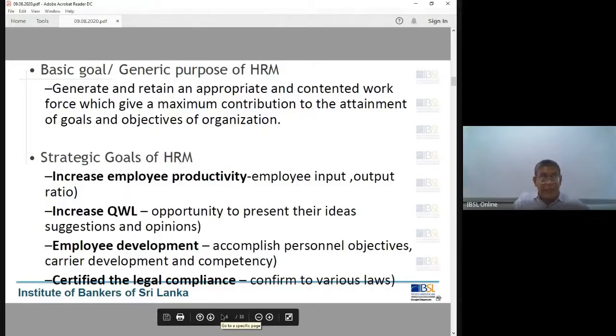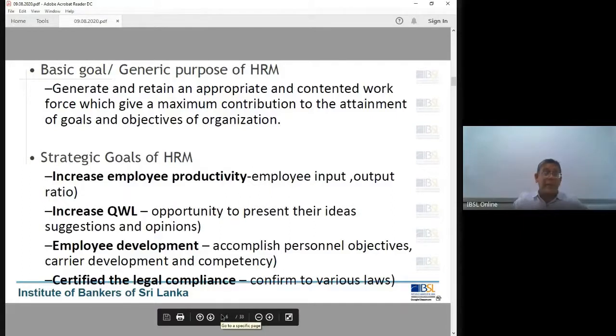Right? So we look at it. Increase employee productivity. So next one is increase QWL. What do you mean by QWL? Quality work life. So if you want, you can write there quality work life. So what do you mean by quality work life?